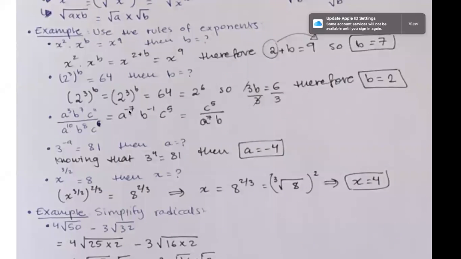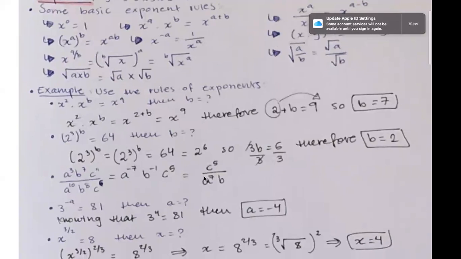You can write that as a to the power of negative 7, or you can just leave it in the denominator. And then b to the power of 7 over b to the power of 8 leaves you with 1 b in the bottom, like here. And then c to the power of 11 over c to the power of 6 leaves you with 5 c's at the top. Is this clear? These are just two different ways of writing the same thing.